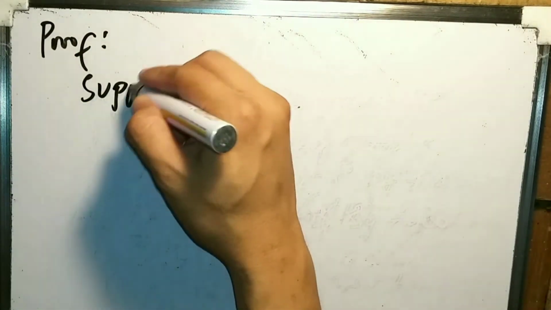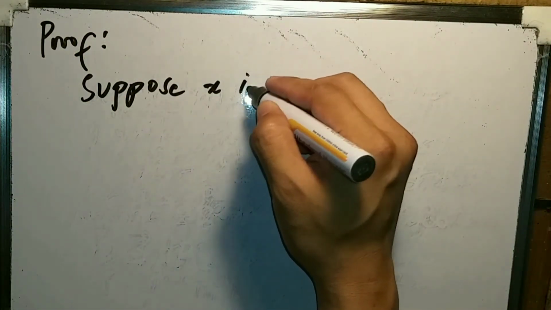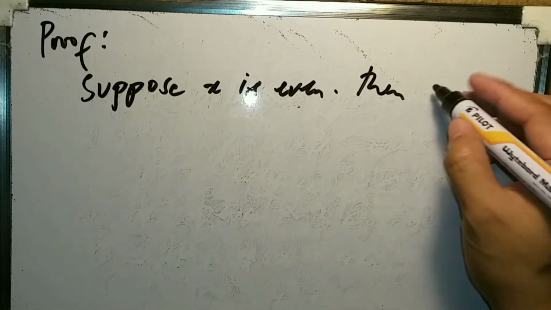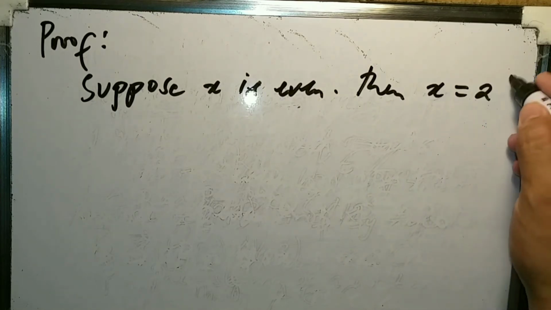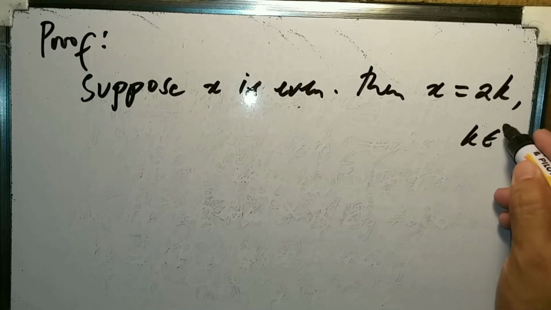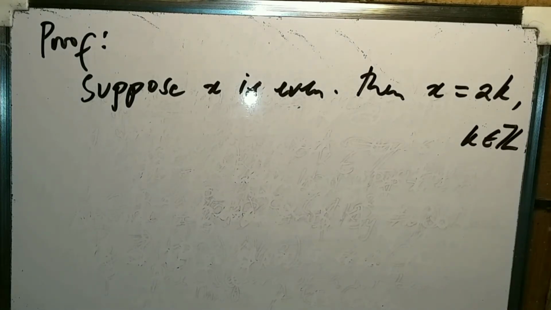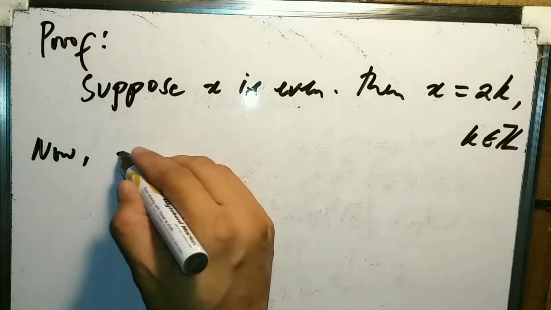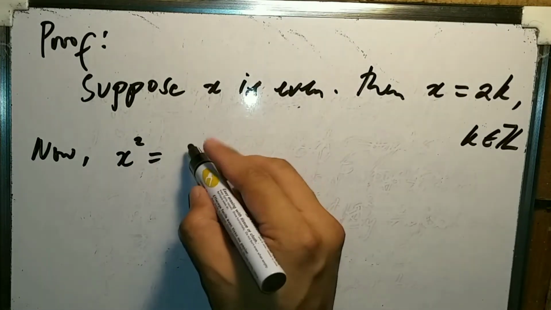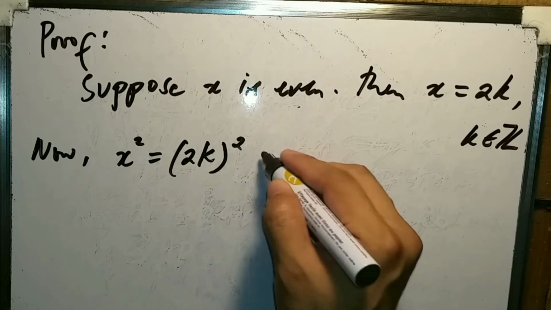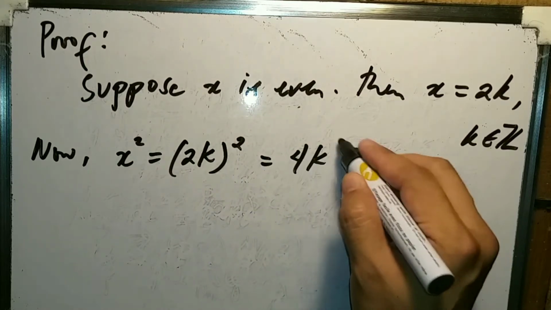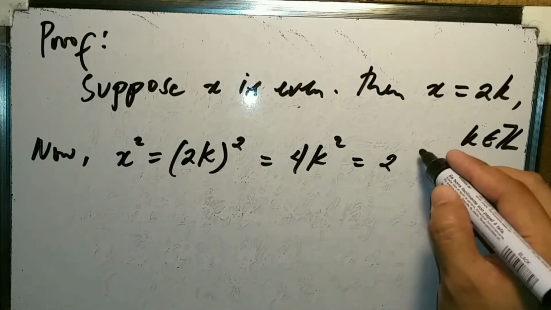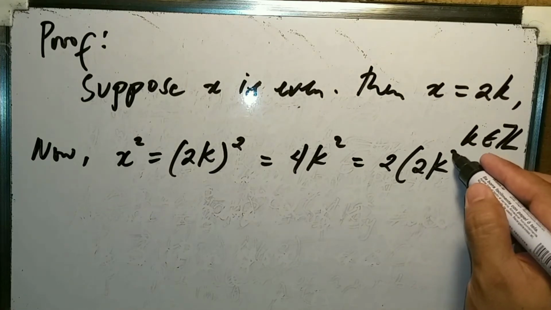So suppose x is even, then by definition we may write x as 2k, where k is an element of the integers. Now taking the square of x would be (2k) squared, so that is simply 4k squared, and then this 4k squared can be written as 2 times 2k squared.